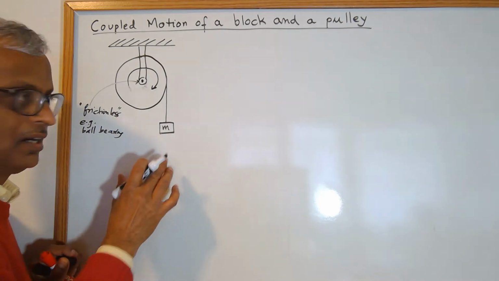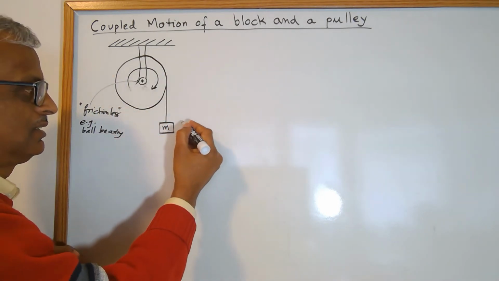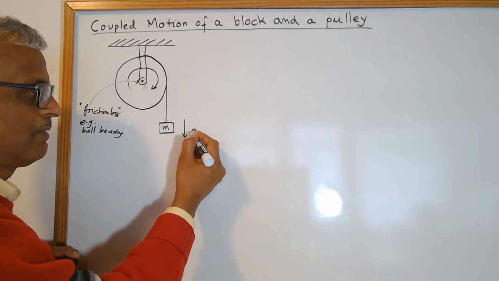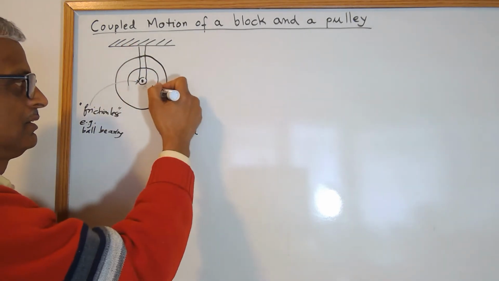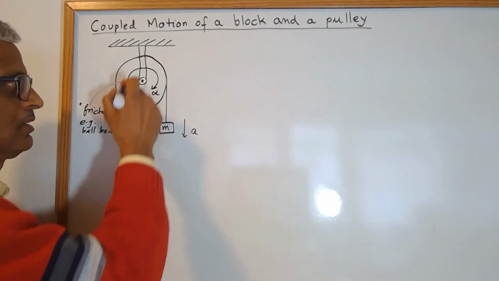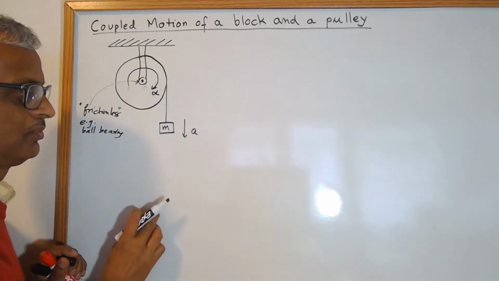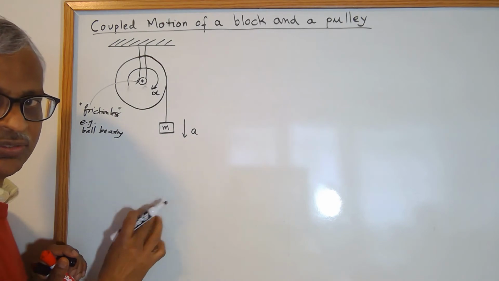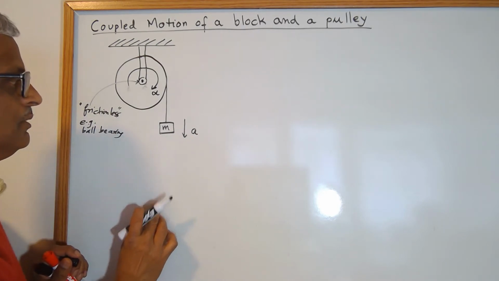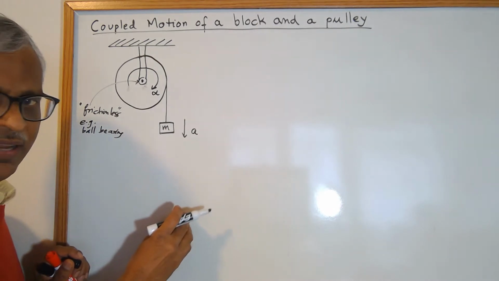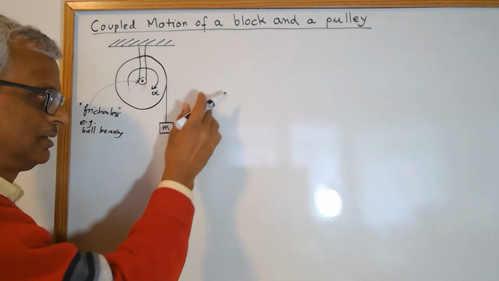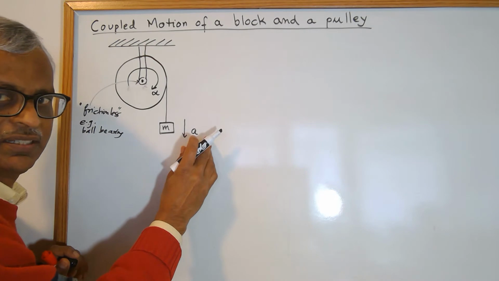So the way we look at this problem is this thing is going with, say, acceleration a, and this thing is accelerating in that way, alpha. So it's clockwise with magnitude alpha, down with magnitude a. Now it's accelerating down. It will be nice to have the axis down when we set the equation for this.